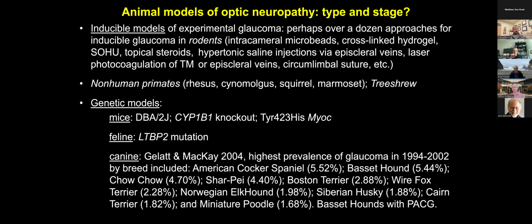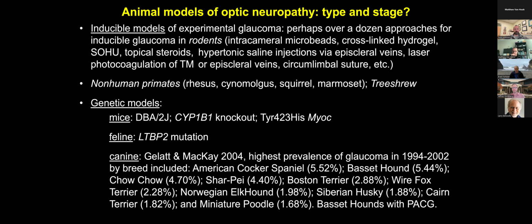So let's talk about some of the models. There are at least a dozen or so inducible models of experimental glaucoma in rodents. I've listed, I think I counted about 8 of them here, just to have a few examples. They seem to mostly be applicable to other species.